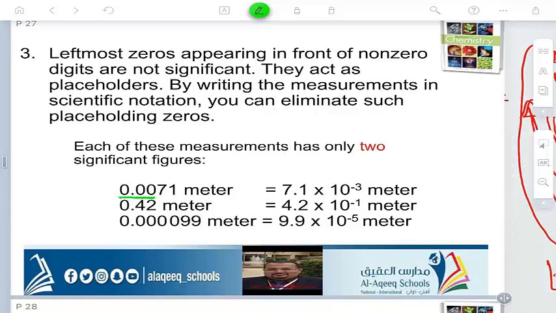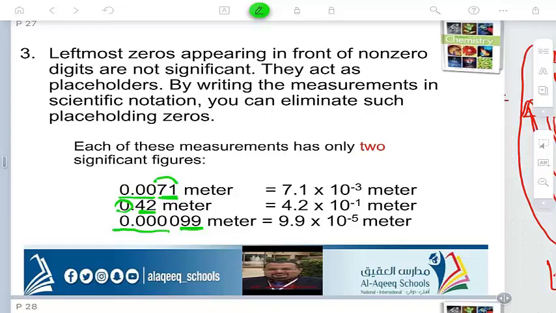So we count only those 1 and 2, so we have 2 significant figures here. What about this 1 and 2? We don't count these zeros. Why? Because they are not located between non-zero values or numbers.